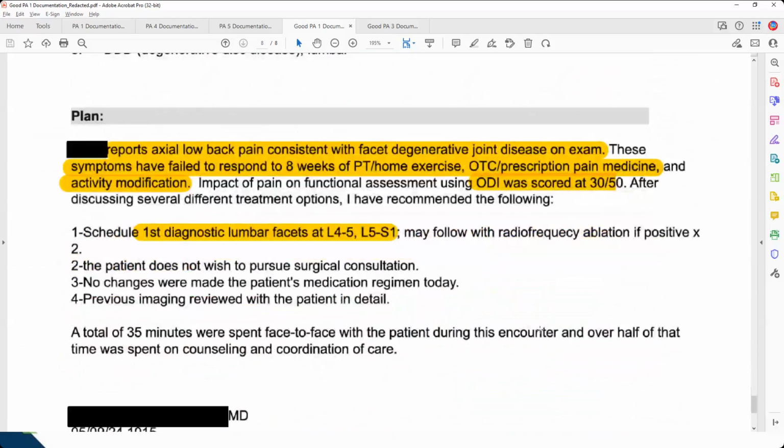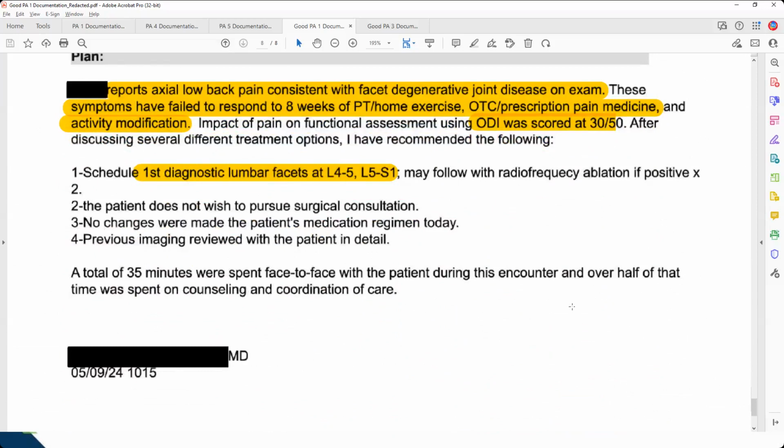And then down here we have the surgeon's plan. So this patient reports axial lower back pain with facet degenerative joint disease on exam. They failed to respond to 8 weeks of PT, over-the-counter and prescription pain medications, activities.